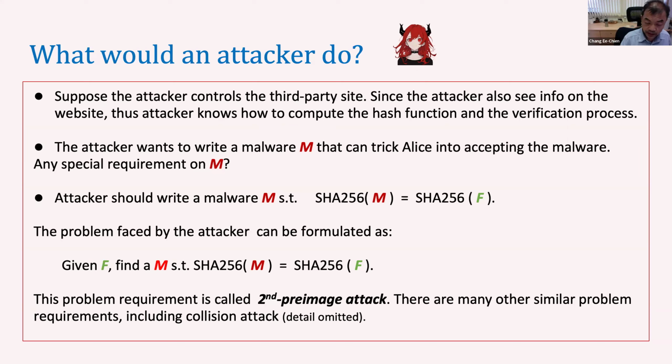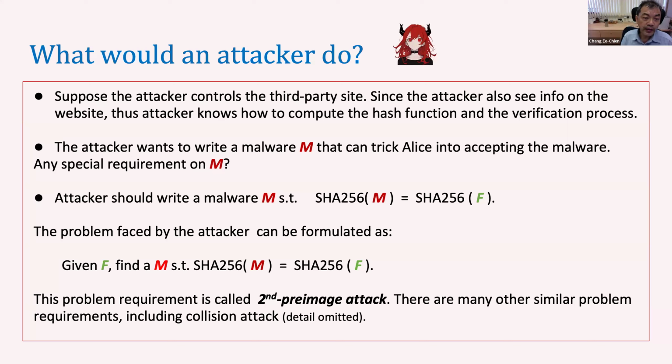Yes, it's possible because the malware is 7 GB, very large, and the hash is very short. So it is possible that many different files have the same digest. The digest is 256 bits, but the input could be very large. So there are many possible files that have the same digest. Now, as an attacker, I want to find one whose digest is the same as the file F, and yet is a malware.